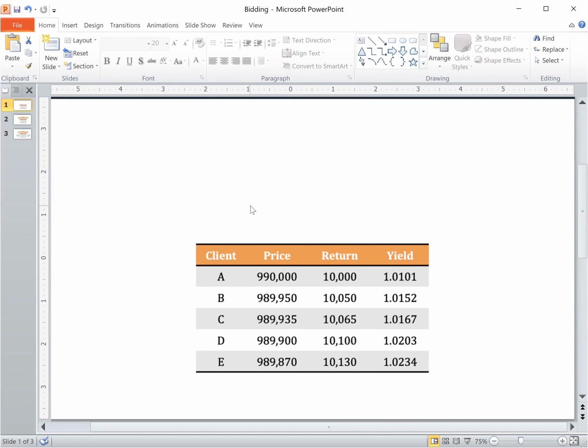Is everyone clear, guys? Let's suppose the government wants to issue 4 million worth of face value T-bills. So they will issue it to A, B, C, and D, right? Yes or no? Yes, sir.